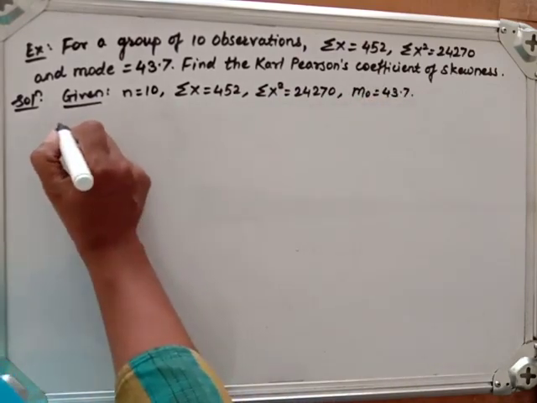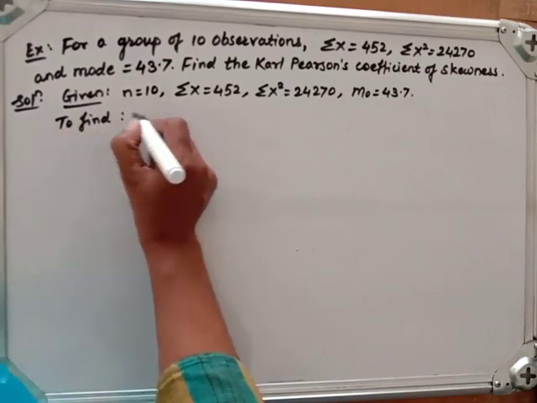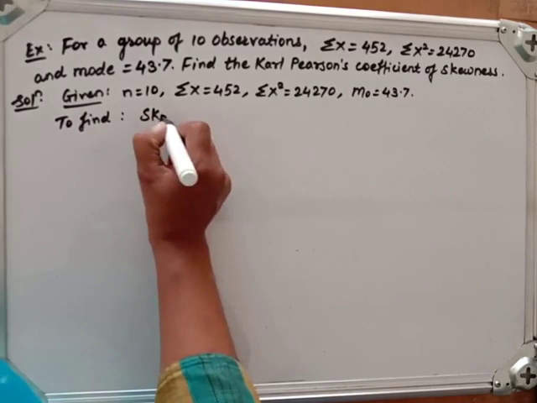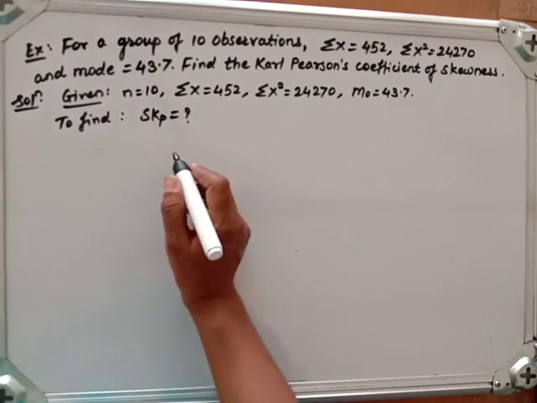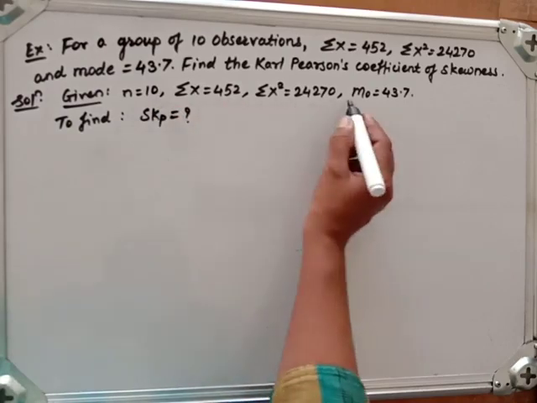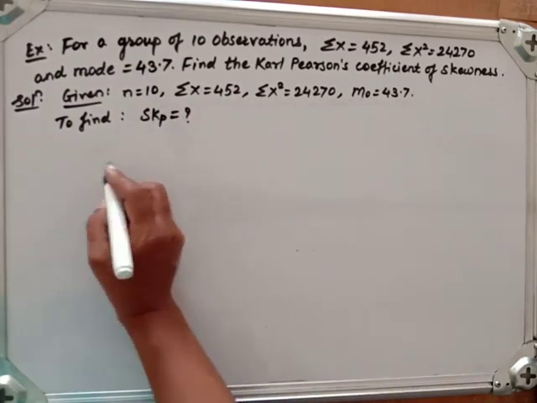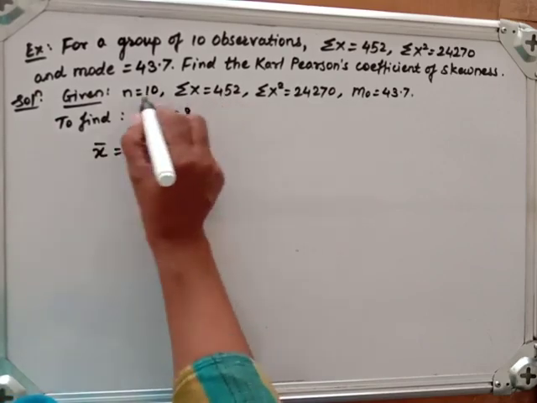Now to find, what we have to find? Karl Pearson's coefficient of skewness. So first of all we need to determine mean, then standard deviation. We don't have this one, we have mode. So mean can be easily determined using this summation and n.